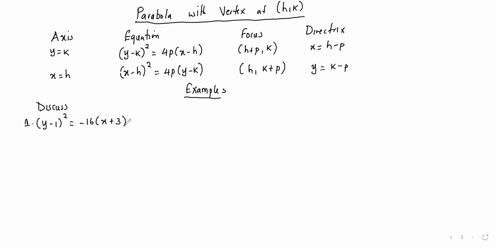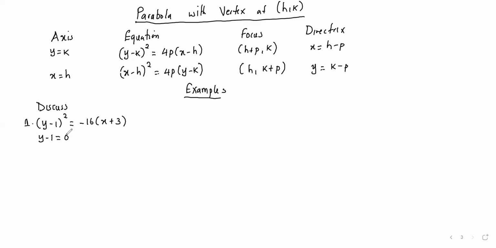Okay, so what we mean by axis, we mean the line where the vertex is going to sit and the focus. There will be a fixed line where you have the vertex and the focus. That's what we mean by the axis there. So in this case, since we have y squared, it means that the axis is y minus 1 equal to 0.